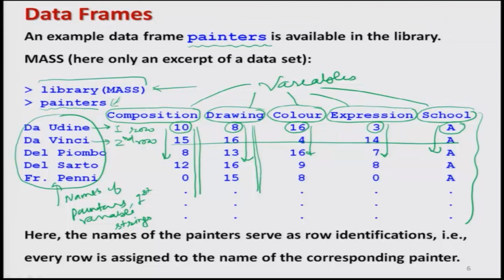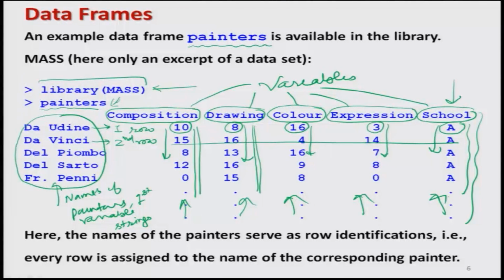And the data on the variable school is in the form of alphabets A, B, C, D and so on, which denote a factor, right. So by these columns we are identifying different types of variables, and in the rows we are giving the data for individual painters, right.